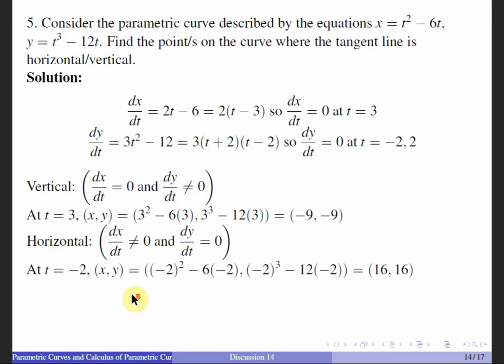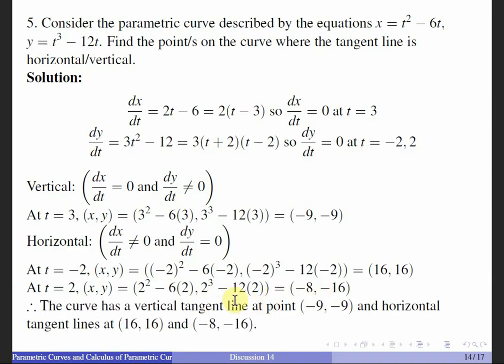Let's plug in: negative 2 quantity squared minus 6 times negative 2, and negative 2 quantity cubed minus 12 multiplied by negative 2. That's 16 and 16. And t is equal to 2. Again, we have 4 minus 12, that's negative 8. And then you have 8 minus 24, that's negative 16.